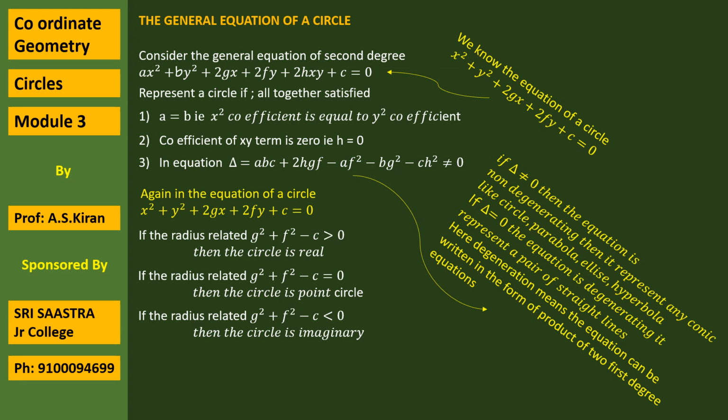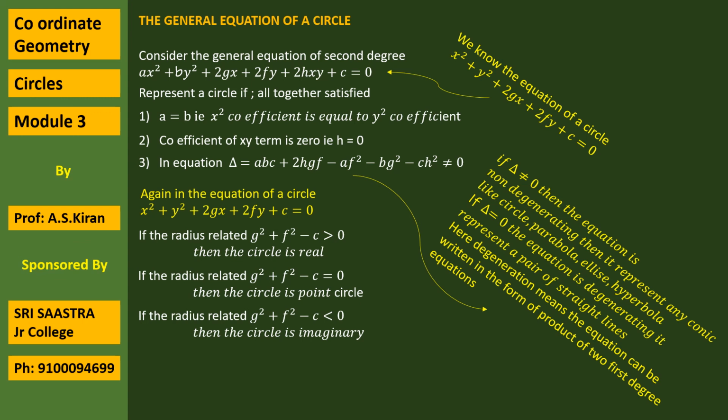Please remember here, an equation can be degenerated. To get a circle, the equation should not be degenerated. What is the degeneration condition? Delta is equal to ABC plus 2HGF minus AF square minus BG square minus CH square.